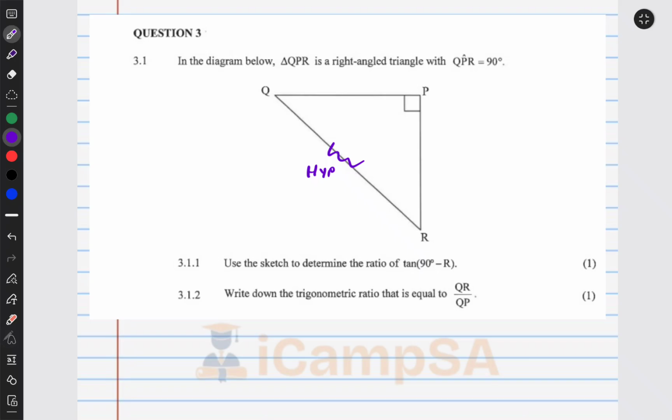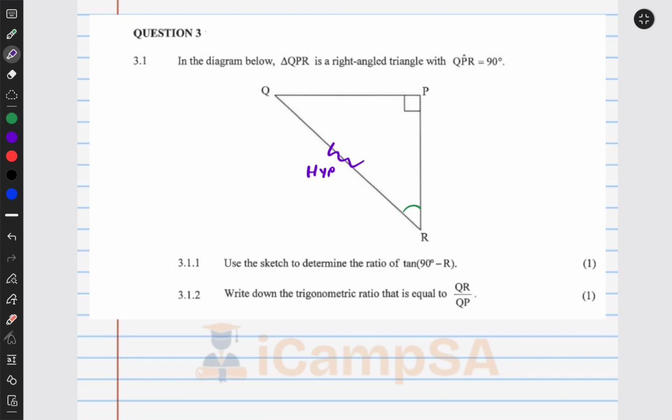Okay, and then next, use a sketch to determine the ratio of tan of 90 degrees minus r. First things first, which angle is angle r? Is this angle here? Okay, and then we have angle 90 degrees there at P. What does that tell us?